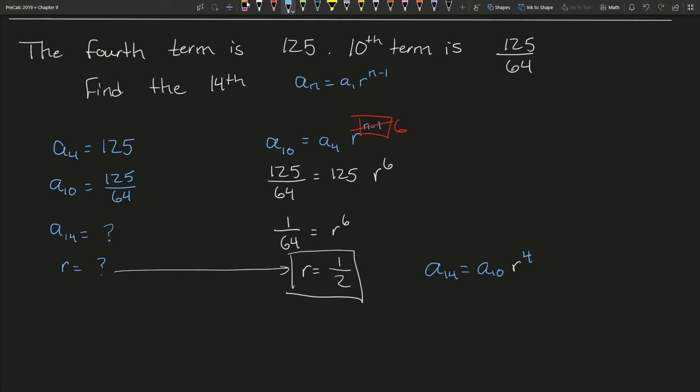And then again, we just plug in. And when we do that, we get 125 over 1024.